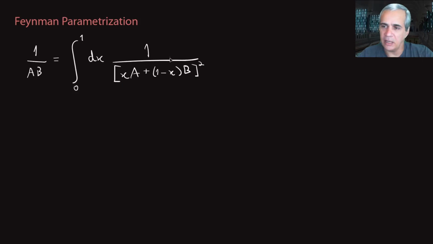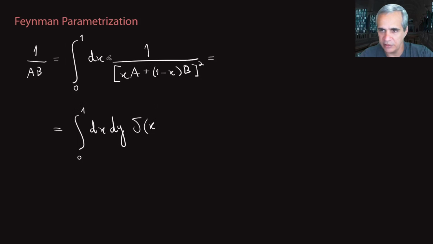And also you can write a little bit more general one, in terms of two parameters now, x and y. But then you put a delta that takes you back there.